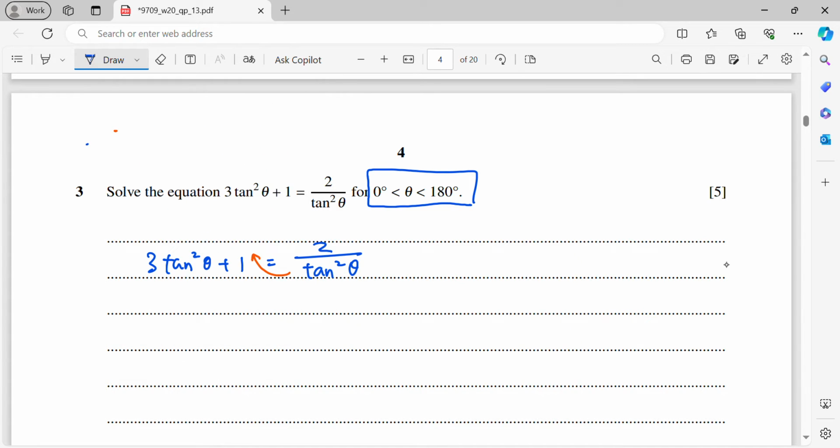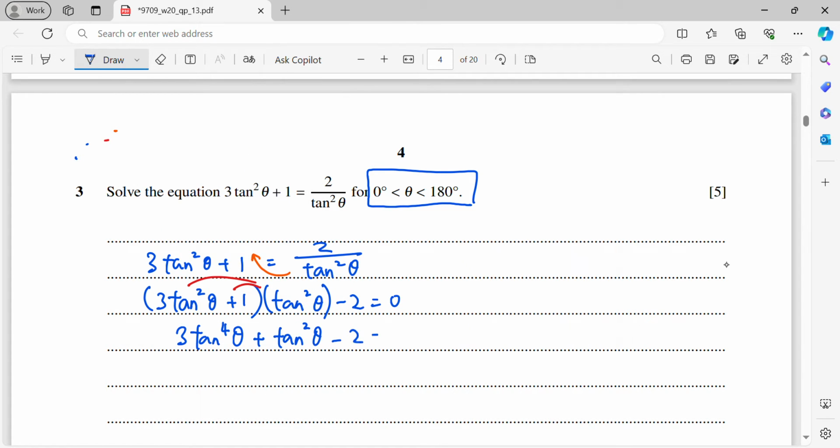So I can write (3 tan squared theta plus 1) multiplied by tan squared theta, then the 2 moves to the other side, so minus 2 equals 0. Now when you do the expansion, the first term will be 3 tan to the power 4 theta, and then 1 times tan squared theta is basically tan squared theta, then minus 2 equals 0.